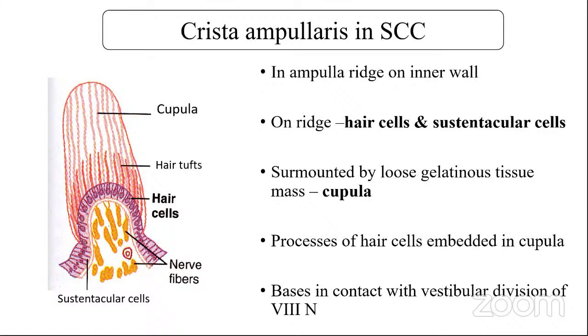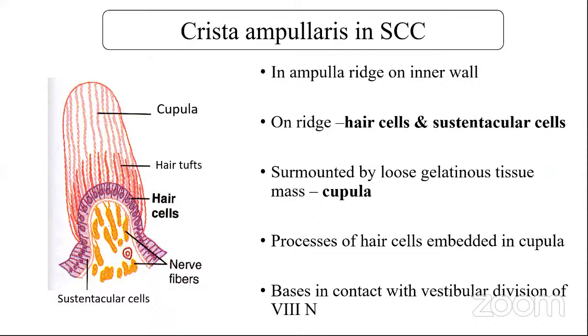In the ampulla, you can see the crista ampullaris. You can see the ridge. And on the ridge, you can see hair cells and sustentacular cells. The blue cells are hair cells.